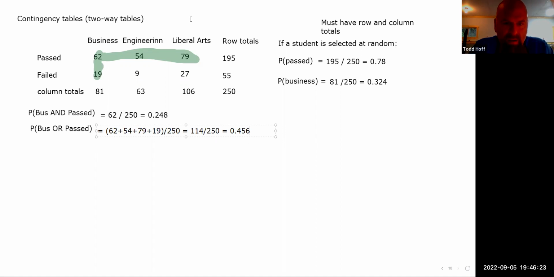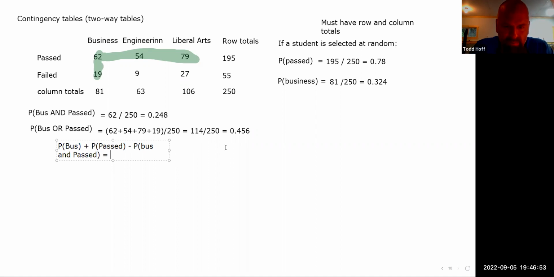Now we could have found this an easier way. We could have looked at the row totals. Remember we said that the OR statement could be found by the probability of being in business plus the probability of passed minus the probability of business and passed. So what does that mean?